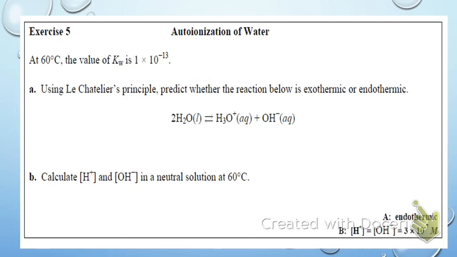Okay? So here we have an example, and they are giving us: predict whether the reaction is exothermic or endothermic. So at 60 degrees, the value of Kw is 1 times 10 to the negative 13. So is this process endothermic or exothermic?